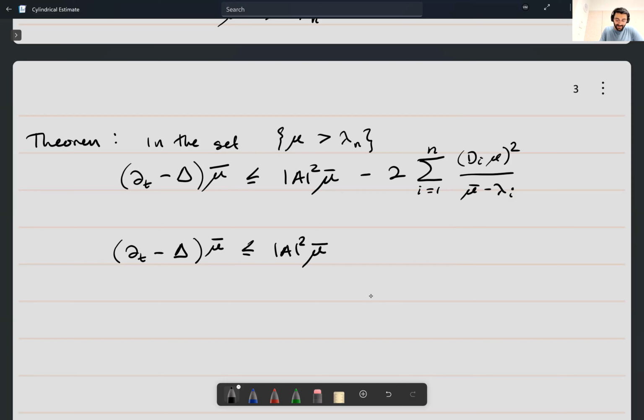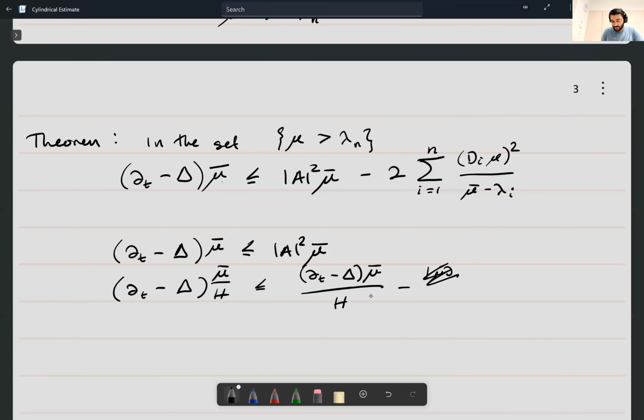I haven't really said, mu is not even differentiable, so I should probably say what that means. But anyway, let's just do this calculation of the evolution of mu bar divided by h. What I'll get is less than or equal to partial t minus Laplacian of mu bar, divided by h, minus mu bar times partial t minus Laplacian of h, divided by h squared, plus a gradient term.